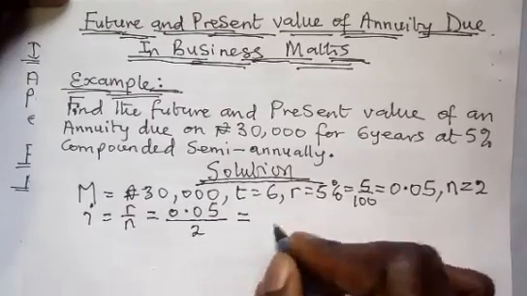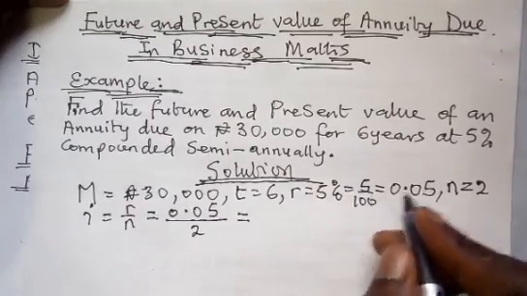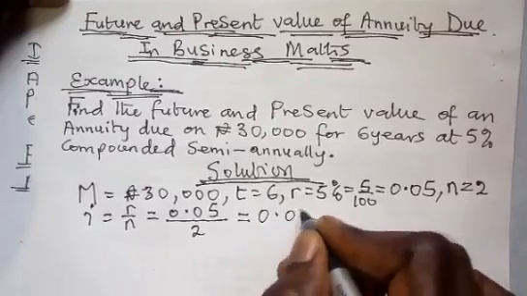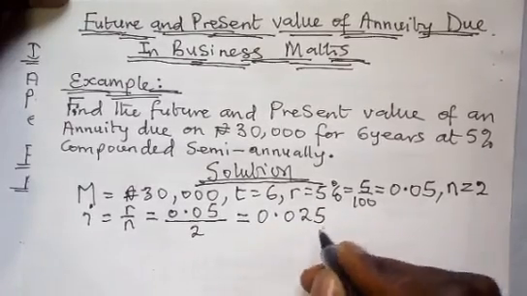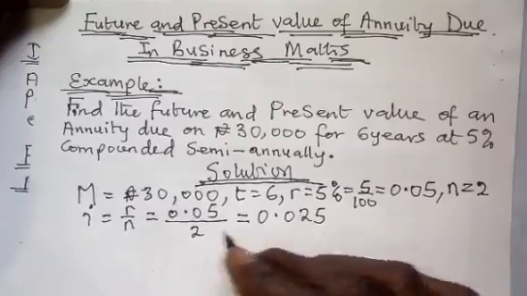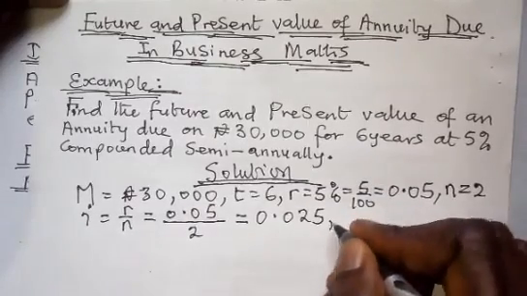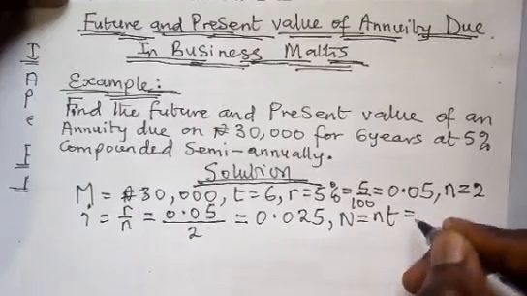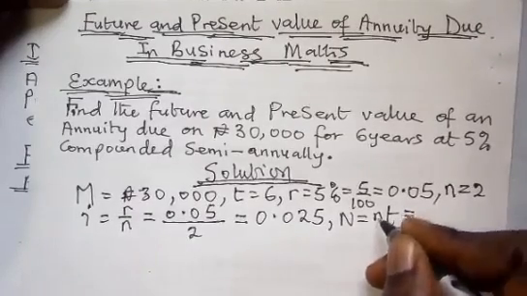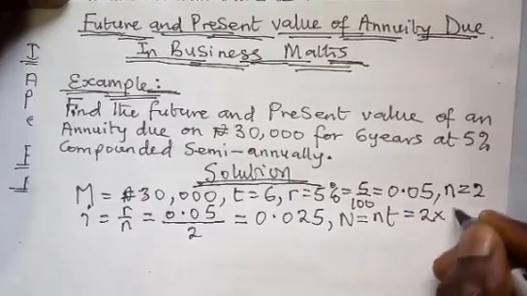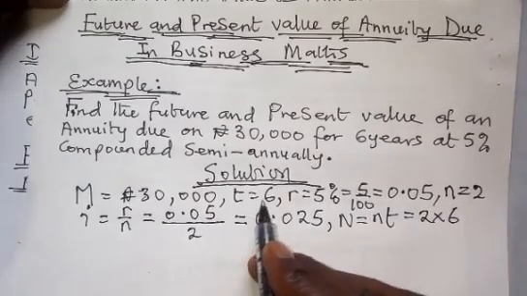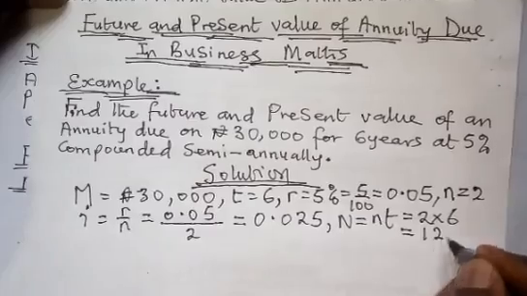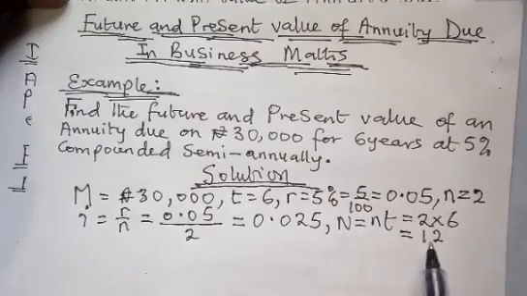If we divide this value by 2, we have 0.025. This is the value for i. Now the new n is the product of n and t. We have n as 2 and t as 6. If we do that multiplication, we have 12. So the value for n is 12.